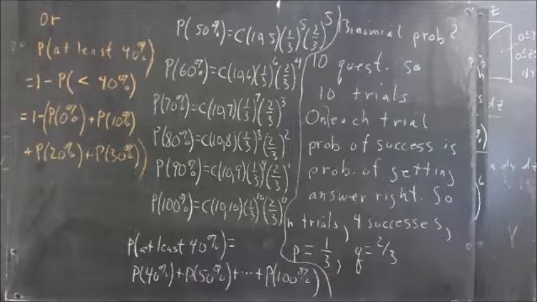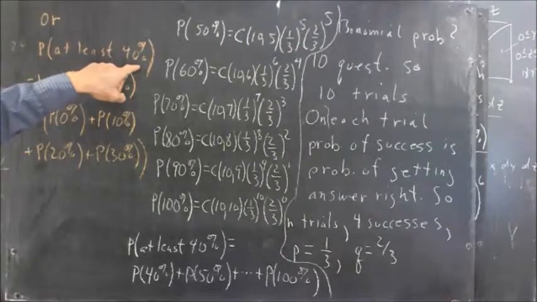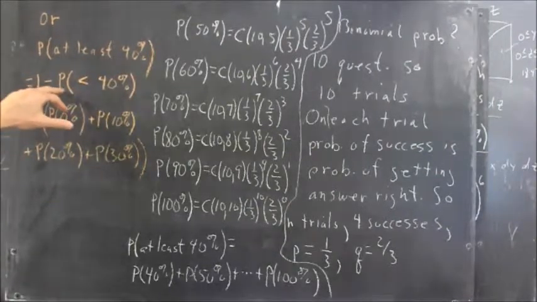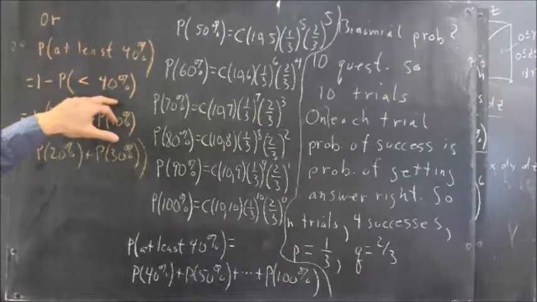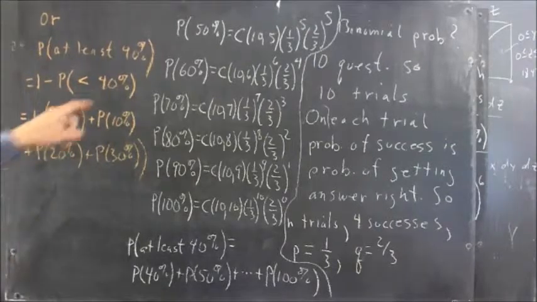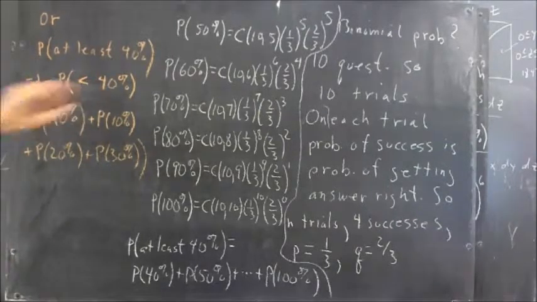A slightly less intensive, easier, quicker, less computation-intensive, less writing solution would be to say, well, the probability of at least 40% is 1 minus the probability of less than 40%. Okay, so we can calculate the probability of less than 40%.